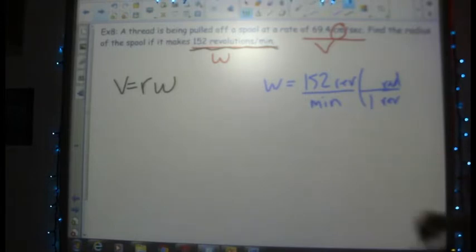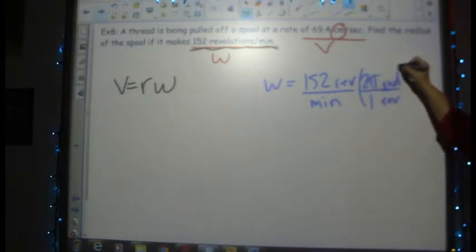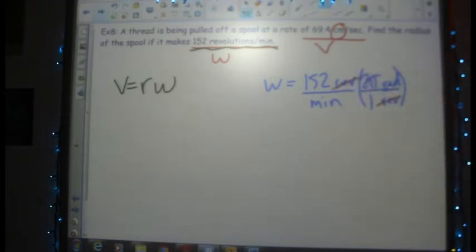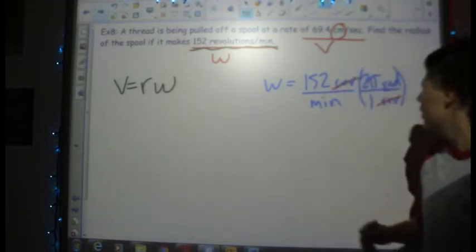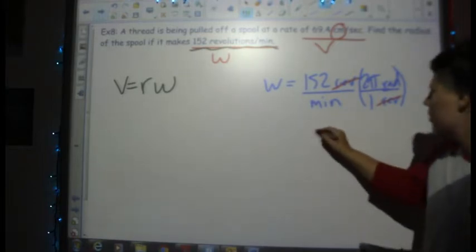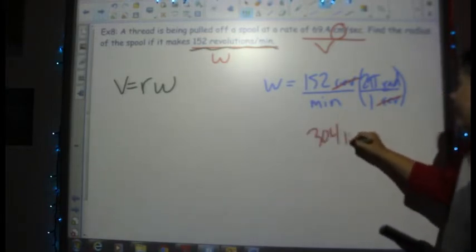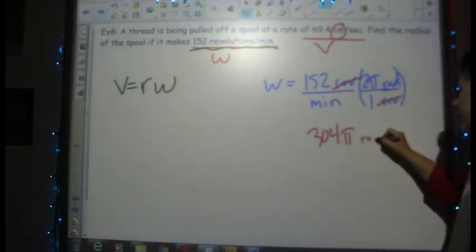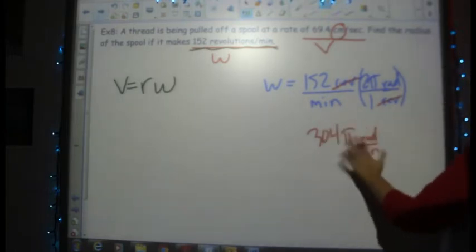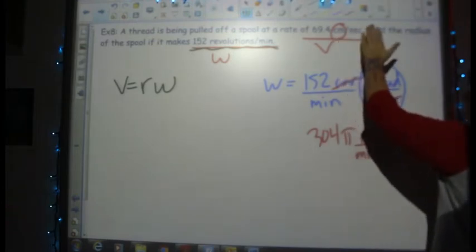For every 1 revolution, I have 2 pi radians. So here, revolutions cancel, and I'm left with, grabbing my calculator, 152 times 2, that gives me 304 pi radians per minute.